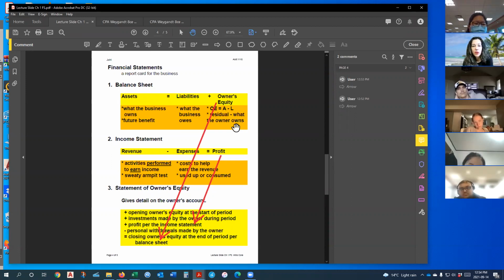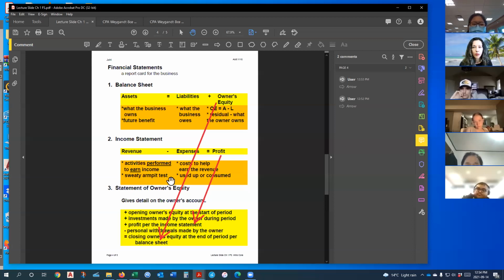That is what the owner owns. Now, revenue is an activity performed to earn income. Now, it is the activity, okay? Remember we talked about the sweaty armpit test? Did you do it? Did you sweat for it, right? Is it done? If it's a hairdresser, was the hair cut?